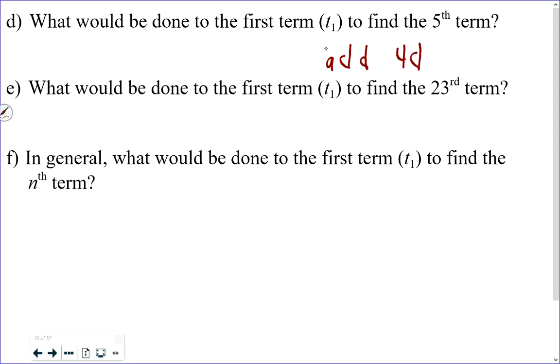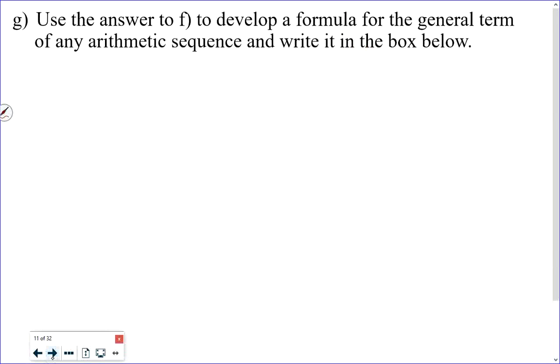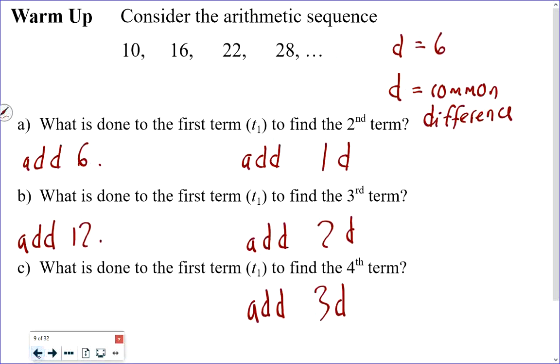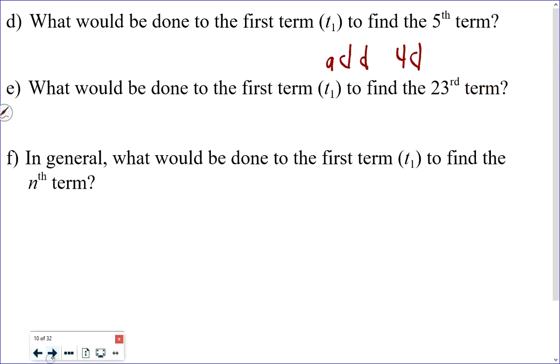Now, for the student who's just looking at patterns here, they're going, oh, well, the second is 1, and then it's 2, and it's 3. It's 1, 2, 3, 4. They might get stumped here because I've skipped a bunch of terms.